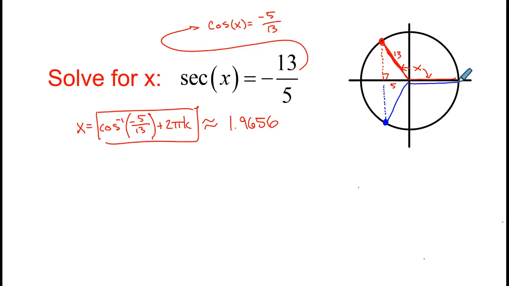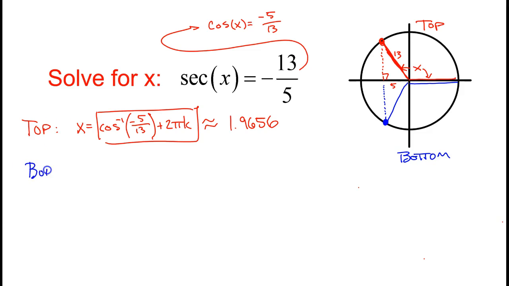In the last example I did big X and little x. Maybe this time I'll call it top X and bottom X. The top X has this solution. Bottom is going to look slightly different.